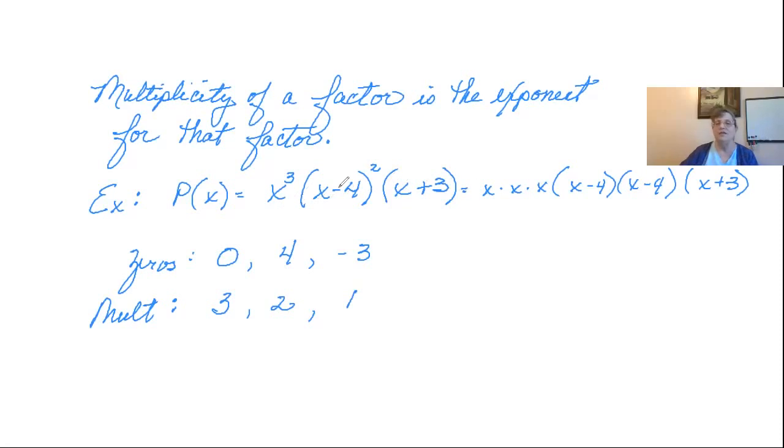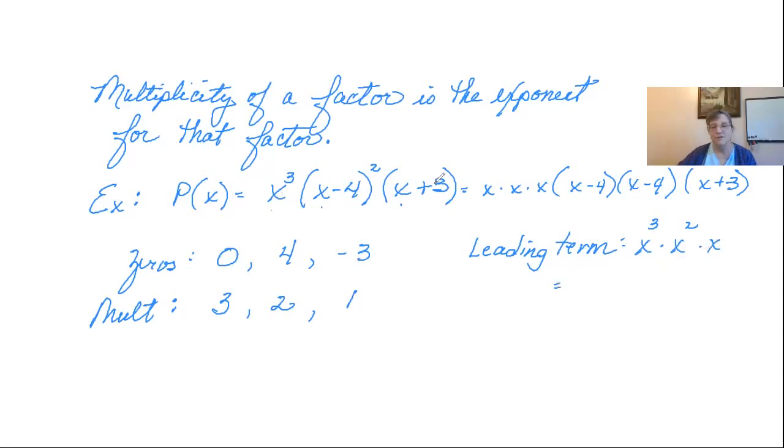If we multiplied it out, our leading term, if we take the biggest term from each of these, is going to be x cubed times x squared times the last x from here.